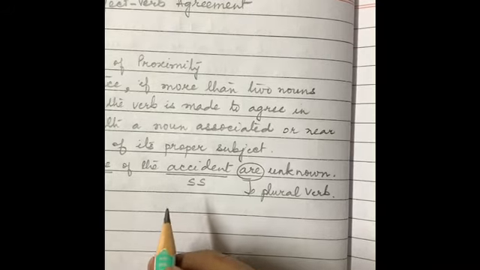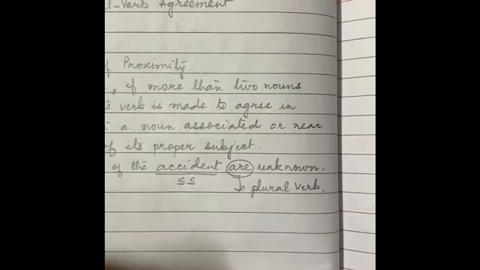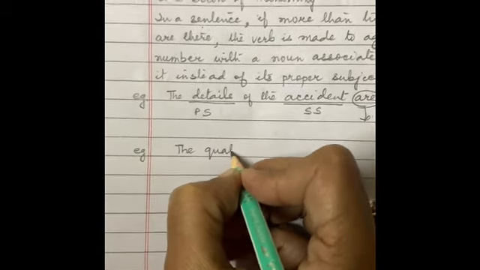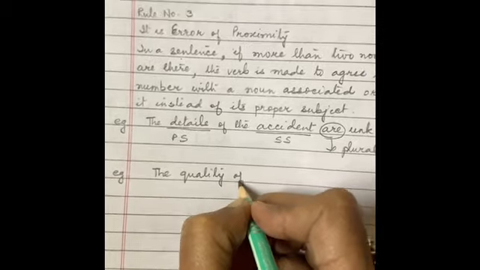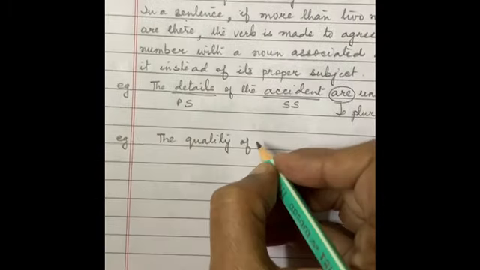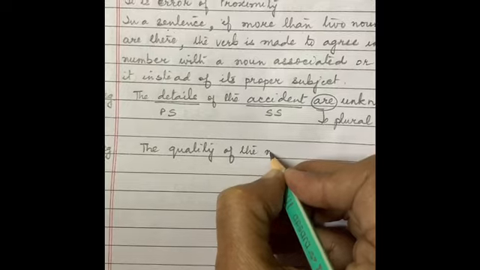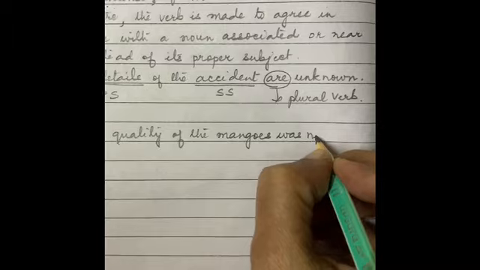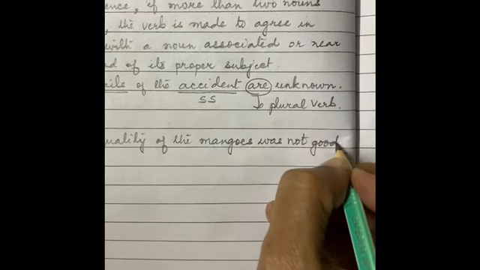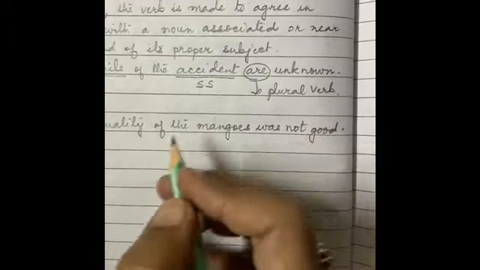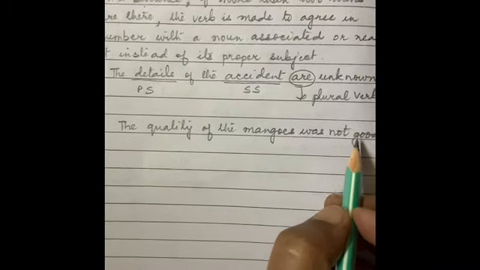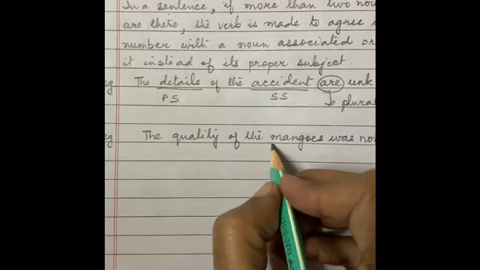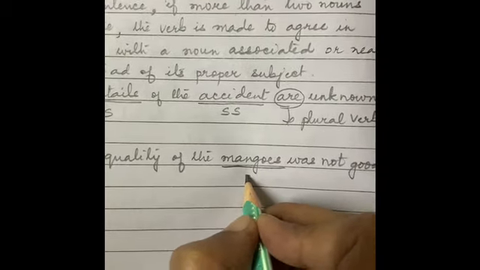Let's look into one more example here. The quality of the mangoes was not good. Now see, the quality of the mangoes was not good. Here the main subject is mangoes, isn't it?